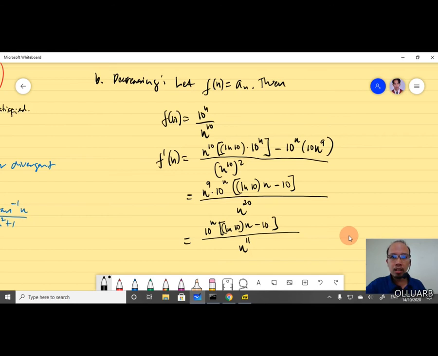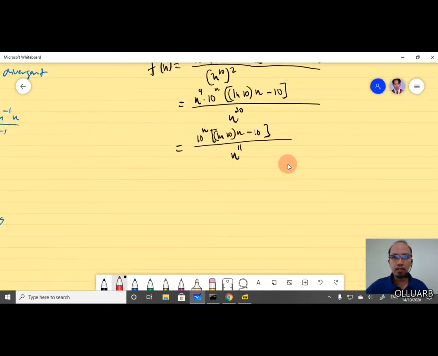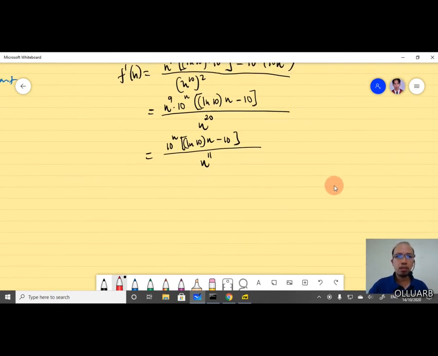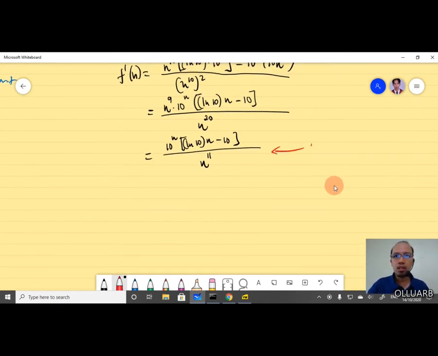Hello, I came back. As I analyze this expression here on the right hand side, I am not sure that this expression is less than 0. Let's try. Let's move upward. Not sure if less than 0 for all n greater than or equal to 1.